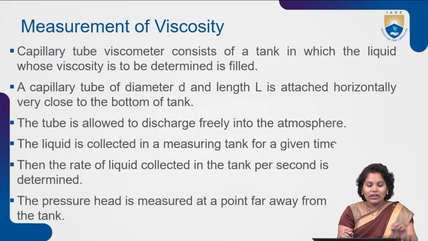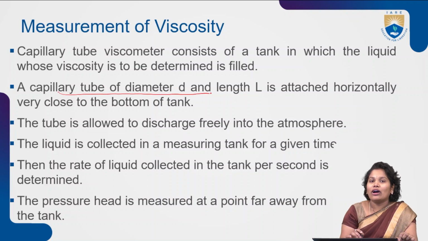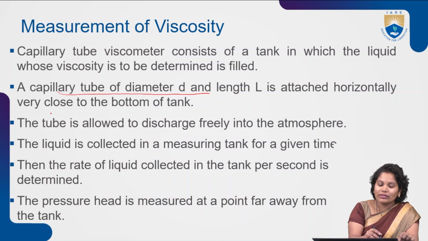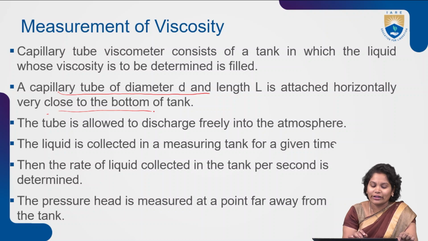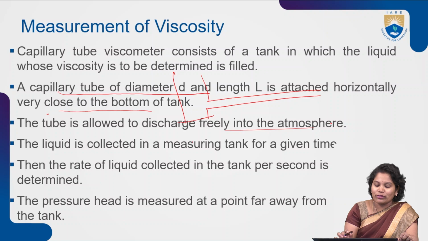So here is the procedure. This capillary tube viscometer consists of a tank, as we have seen. To that tank a tube of diameter d and length L is attached horizontally, very close to the bottom of the tank, and the tube is allowed to discharge the flow freely into the atmosphere.